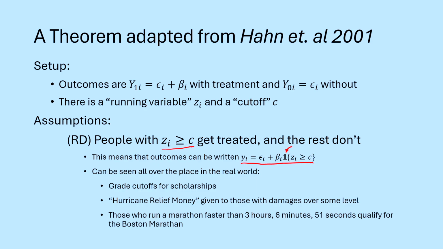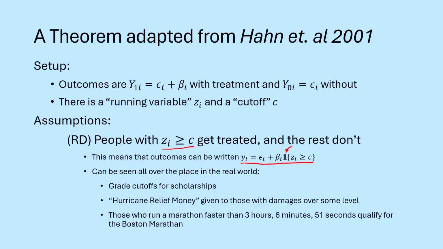Just to reiterate, we saw that this can exist in politics, but this kind of setup exists all over the world. And maybe once you're done watching this video, as you're making your way out and about, you'll start seeing all sorts of places where the regression discontinuity method can apply. Some examples are, imagine grade cutoffs for scholarships.